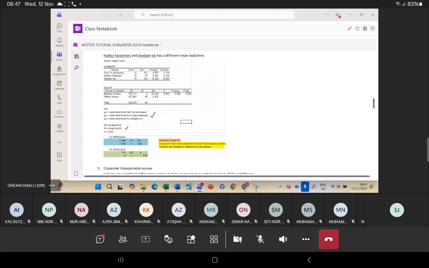With the critical value approach, we see the F statistic is larger and the p-value is smaller than alpha, so the decision is reject H0. Conclusion: the mean lead times for the three suppliers are different from one another. Yes, correct.